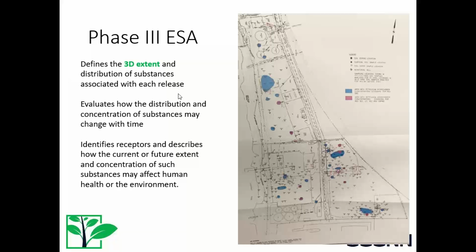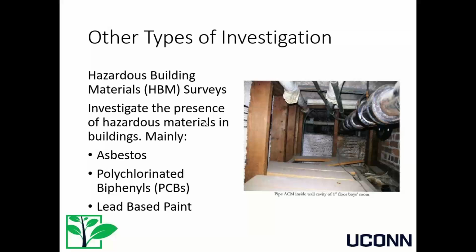Now, that basically covers the scope of the phase 1, 2, and 3, and what to expect, what information to search and find from each report. So there might be other types of investigation.